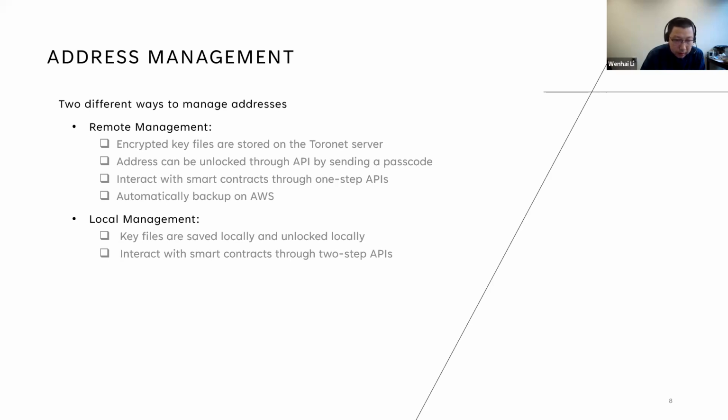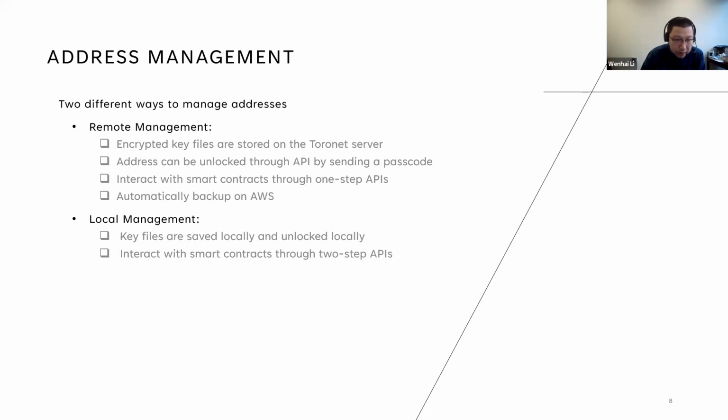And there are advantages and disadvantages to this. The advantage is that this relieves the developer of the responsibility to safely store the address key file, because this is an issue with many blockchains, right?